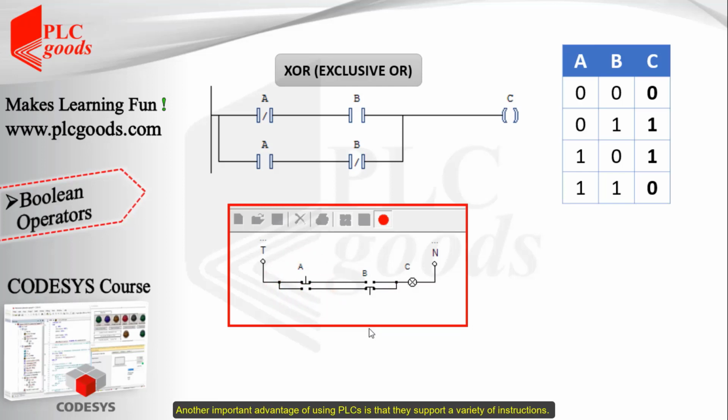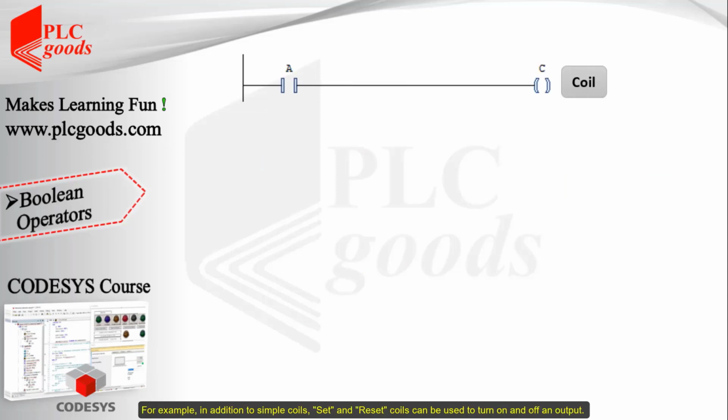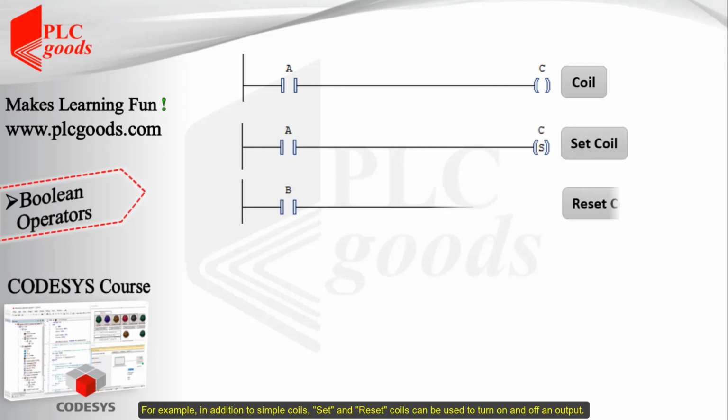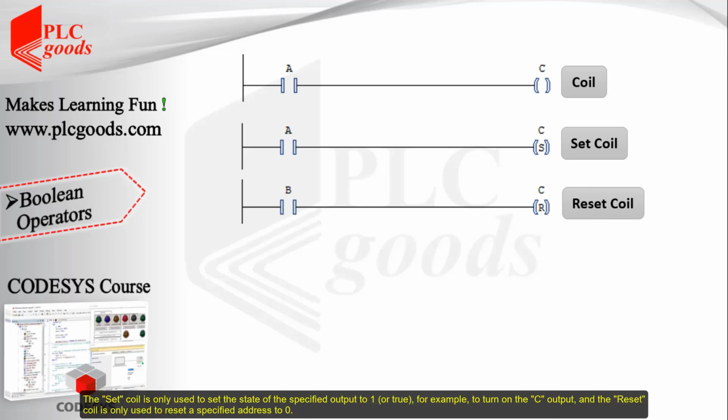Another important advantage of using PLCs is that they support a variety of instructions. For example, in addition to the simple coil, set and reset coils can be used to turn an output on and off. The set coil is only used to set the state of the specified output to 1 or true, for example, to turn on the C output, and the reset coil is only used to reset a specified address to 0.